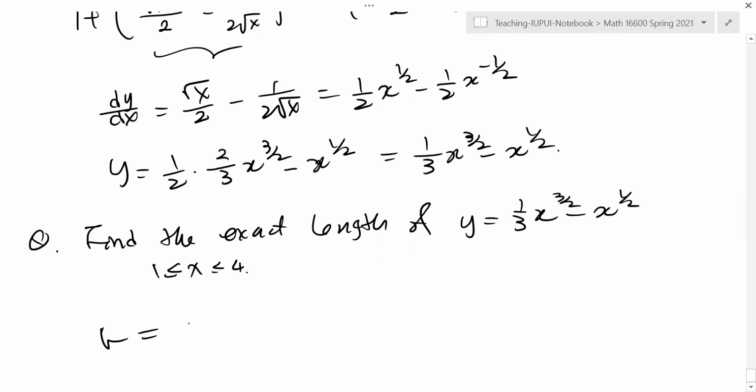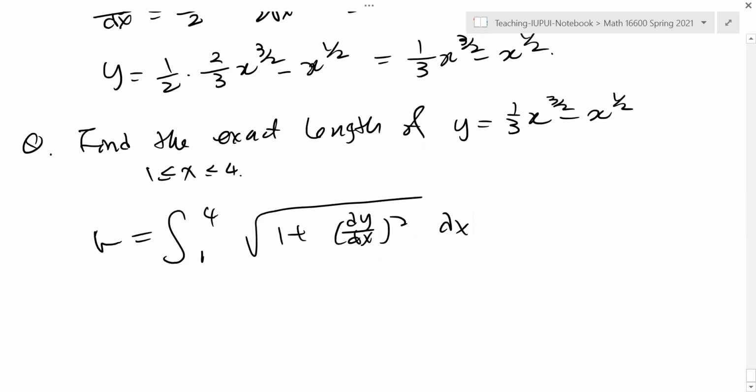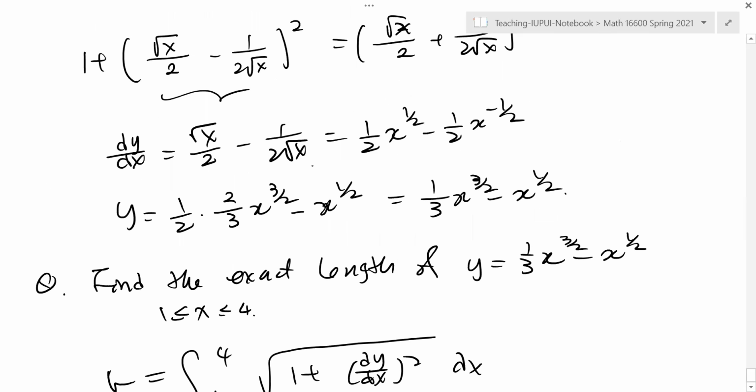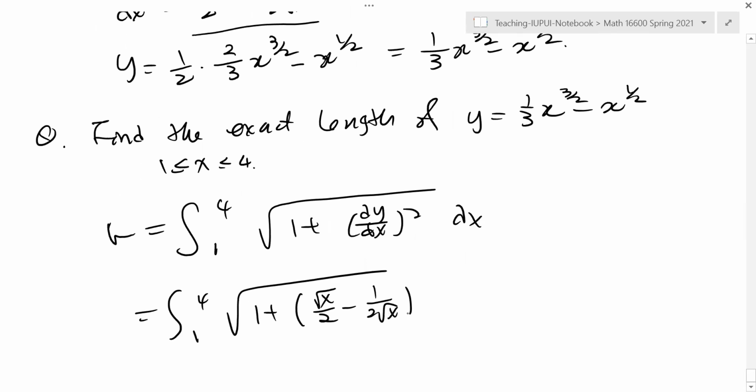Okay, so the length is going to be the integral from 1 to 4 of the square root of 1 plus dy over dx squared dx, right? When I differentiate, I end up with something like that. I already showed you how to do that, right? And the square root of x over 2 minus 1 over square root of x.